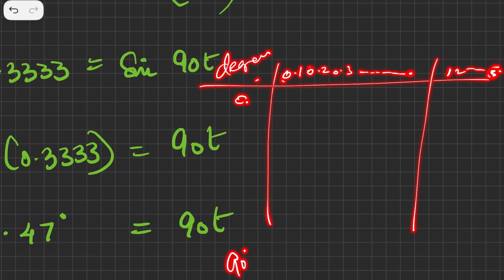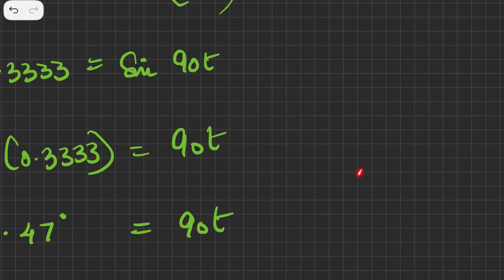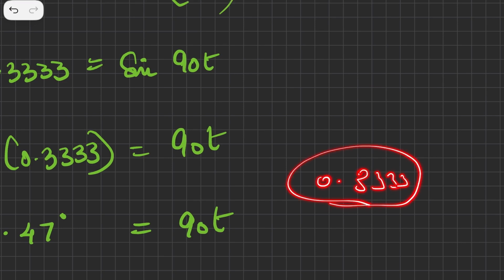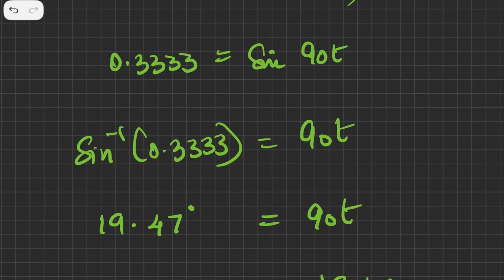And you have to search, out of all the numbers over here, for 0.3333. Now if you do not get the number 3333, then try to find the smaller number than 3333, and then add the mean difference to get 3333. But make sure that you never go ahead of this number, and then just connect the dots and you will get the values over here.